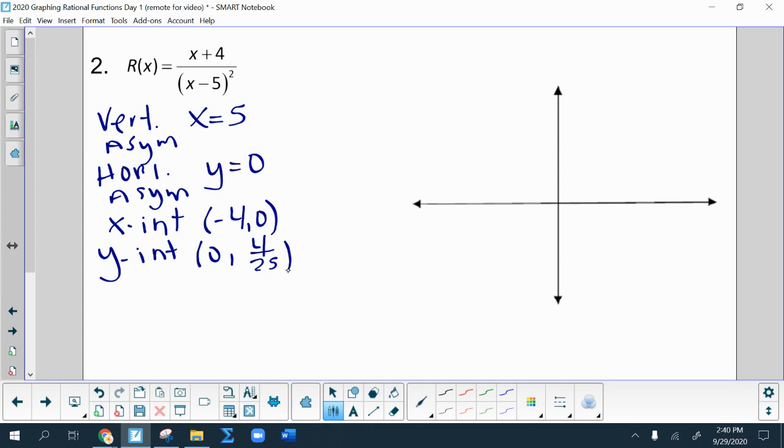I do want to point out to you that when we say something has a horizontal asymptote, we are saying that the limit as x approaches infinity of our function, r of x, is equal to 0, our horizontal asymptote.